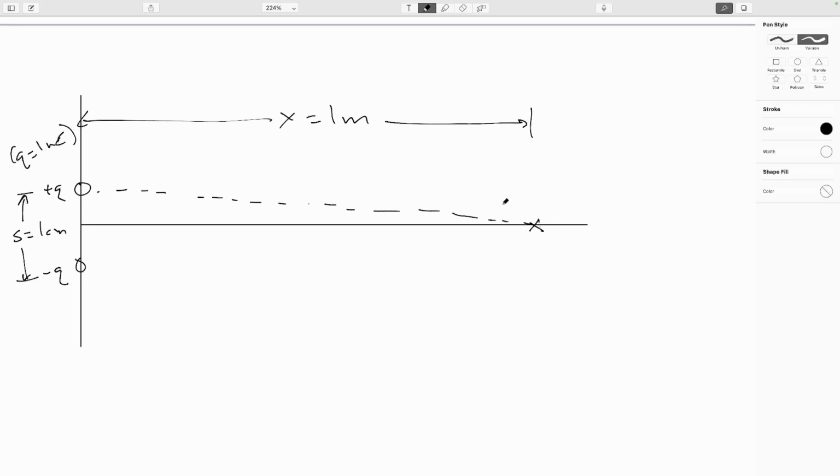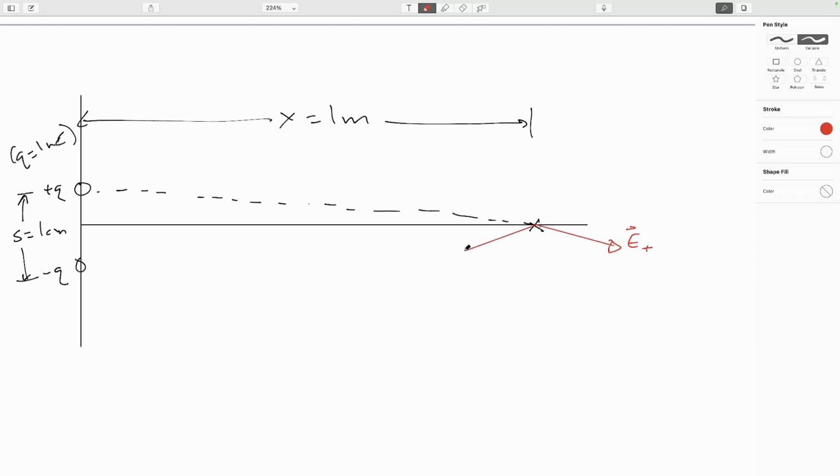So I'm just drawing a little work line here. The electric field at this point, here, due to this charge, has to point directly away from the charge, like so. That's my E plus. And similarly, my E minus, it's the same distance away this time. You should be able to convince yourself of that.